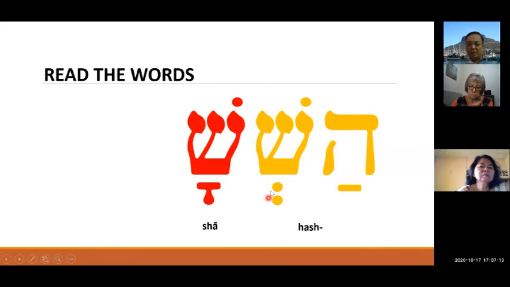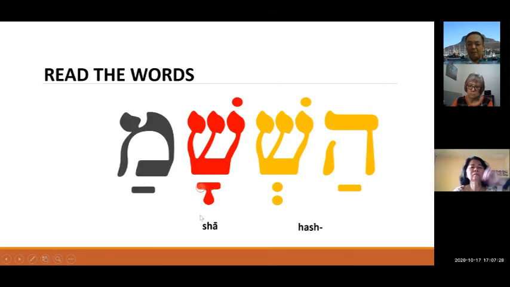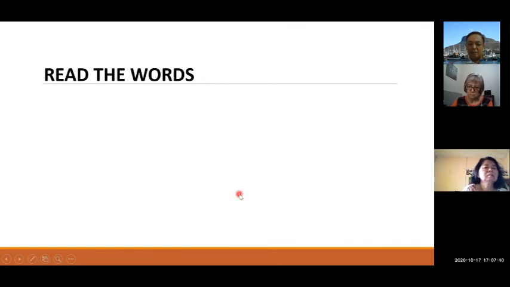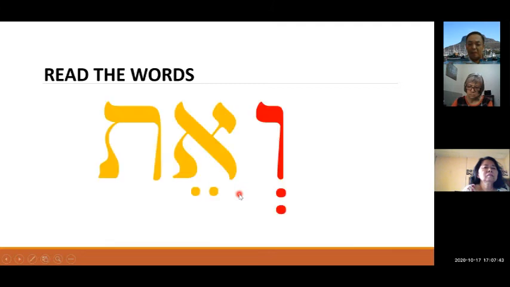The first shin will inherit a silent schwa, and the second shin will take on the vowel that you see at the bottom of the word. So you can see that it splits up into two. The first one receives this one, the second one receives the kamats. This is how you pronounce the word Hashamayim, which means the heavens.